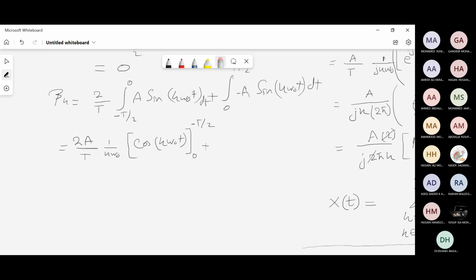Here we have a minus, so it's minus again: cosine k omega naught t divided by k omega naught, again common. We have a minus here, but again a minus from cosine. So minus minus will be equal to plus, from 0 to t over 2.